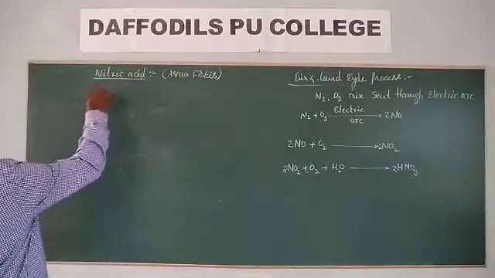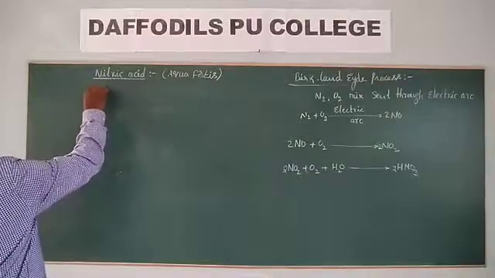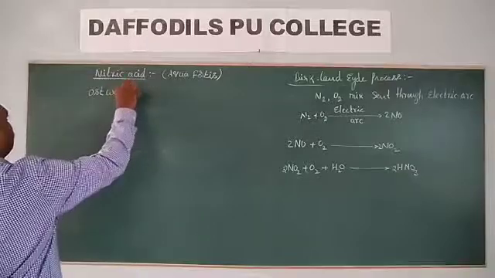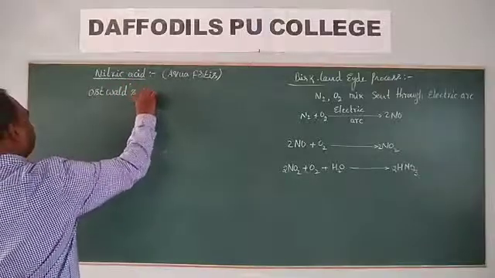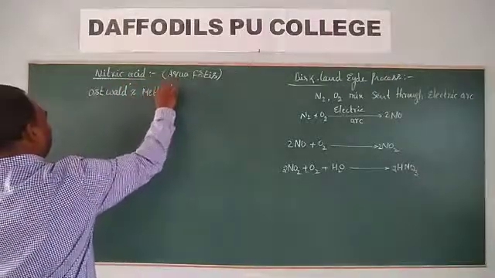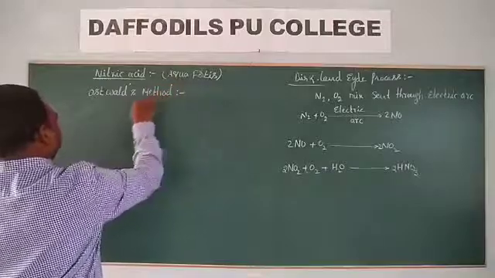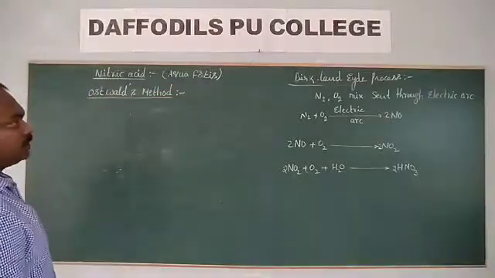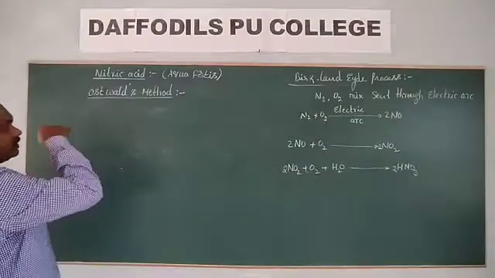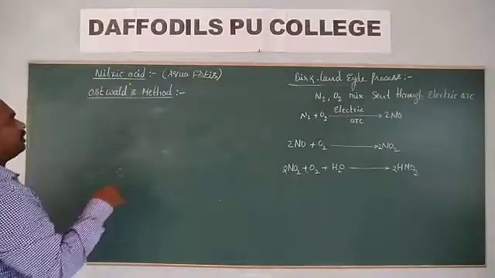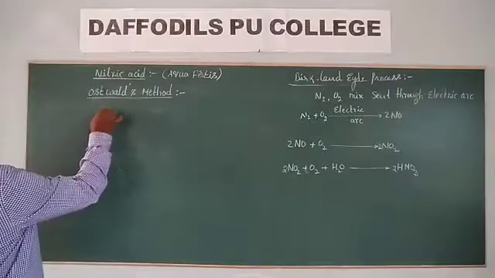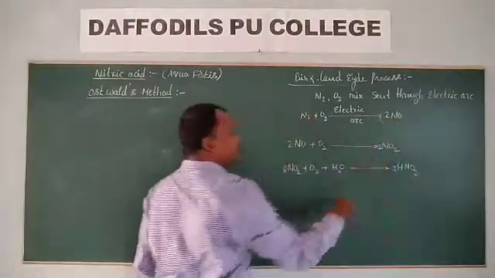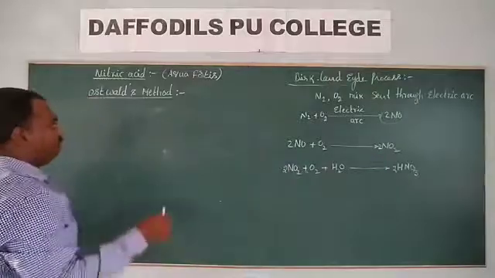Next, the Ostwald method. How is HNO3 prepared in the Ostwald method? In the Ostwald method, NO is obtained by the oxidation of ammonia.